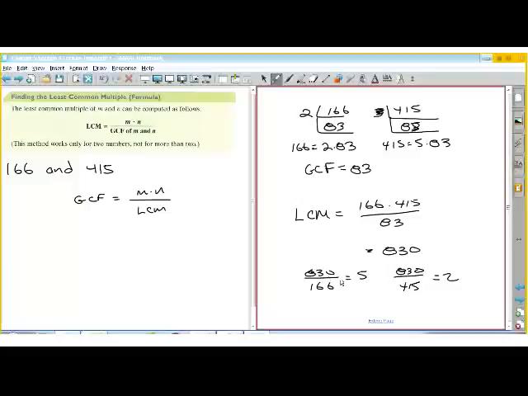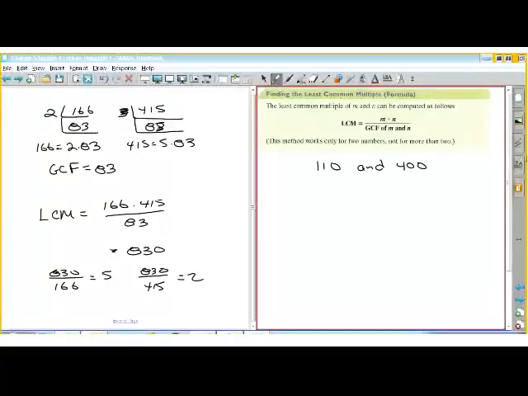So you see that 830 is the second multiple of 415, and it's the fifth multiple of 166. It's just a way of getting the other term. If you've got one, you can get the other easily. You don't have to go through the long procedure for both of them.